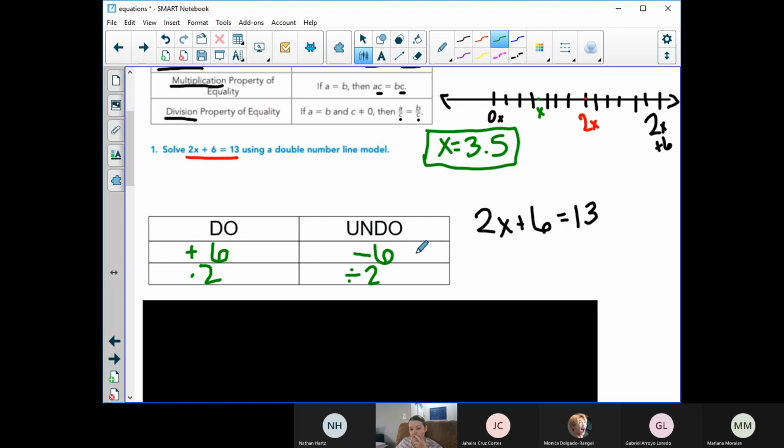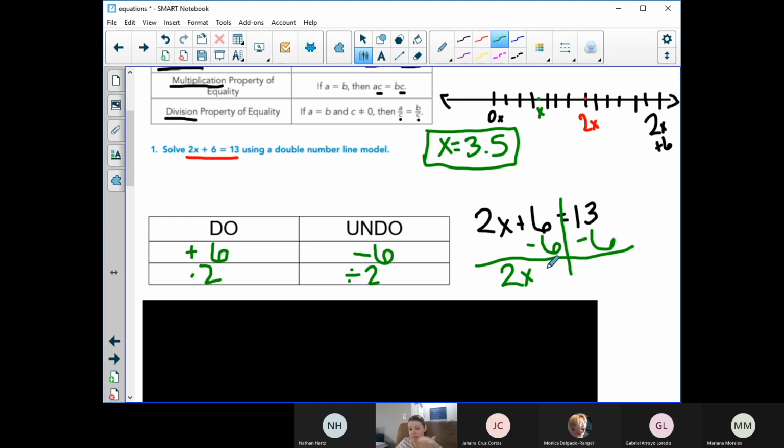So now I'm going to use this to solve for x. So we added 6. I need to subtract 6 from both sides because remember, we're maintaining equality. So I'm not subtracting anything from 2x. 6 minus 6 is going to give me 0.